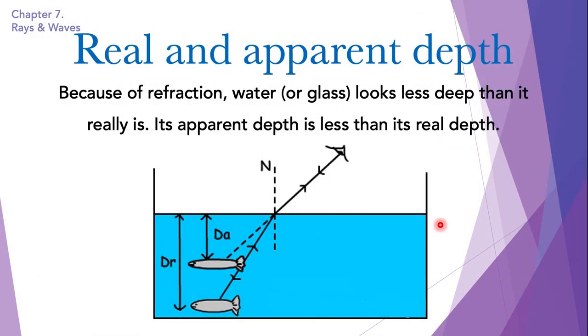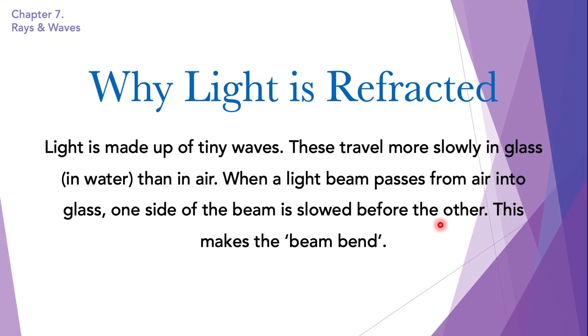Now let's see why light is refracted. Light is made up of tiny waves, and these waves travel more slowly in glass or in water than in air. So when a light beam passes from air into glass, one side of the beam is slowed before the other, and this makes the beam bend.